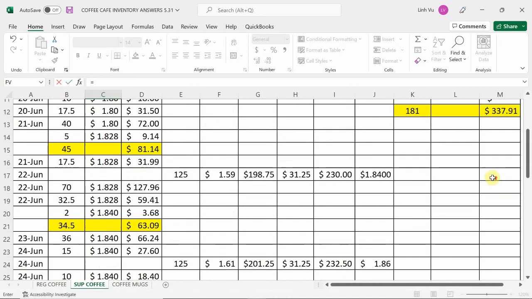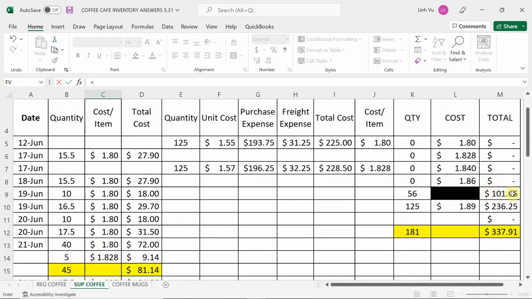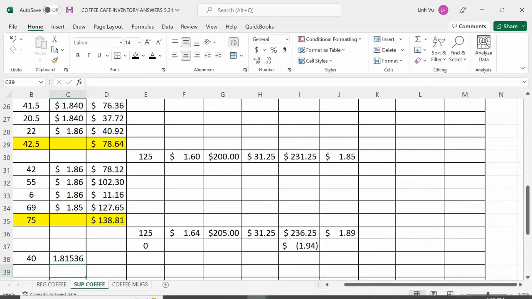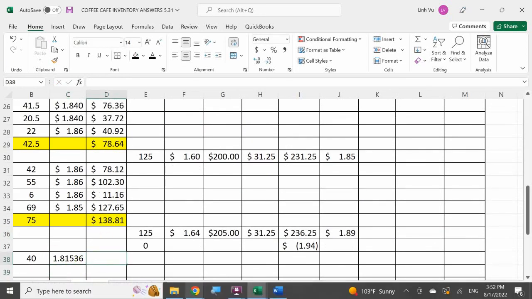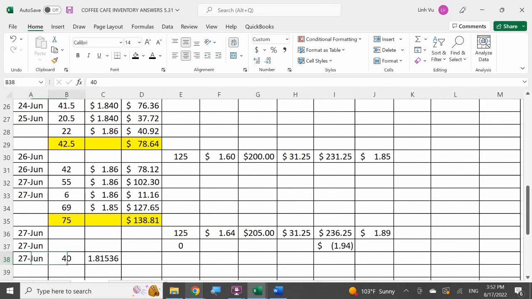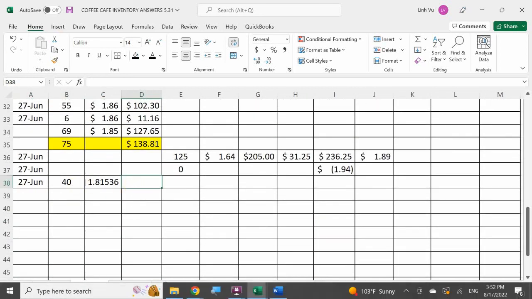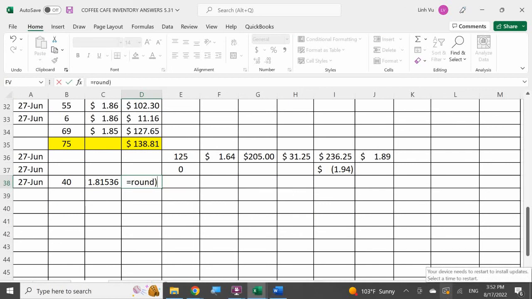It comes out of the 56 that we just changed up here. And so we would use the 1.81, and that would be 72.61.